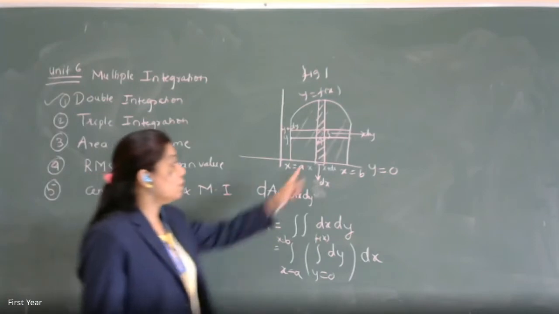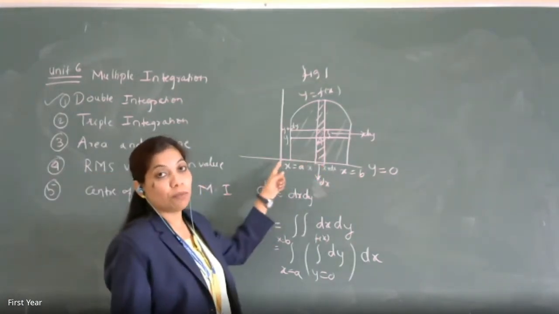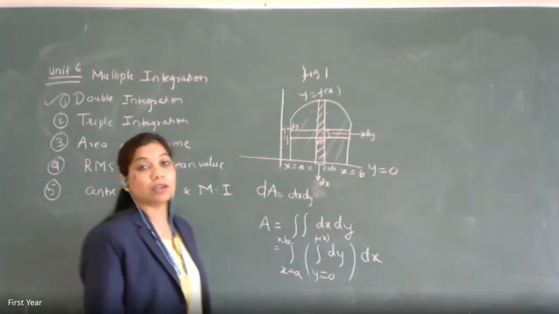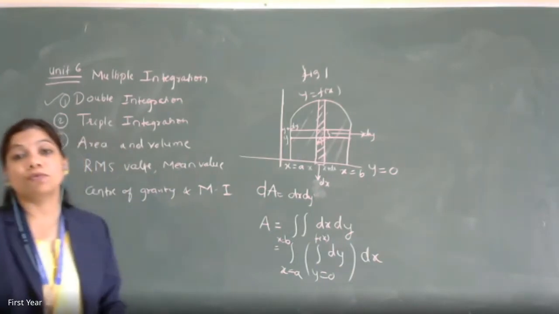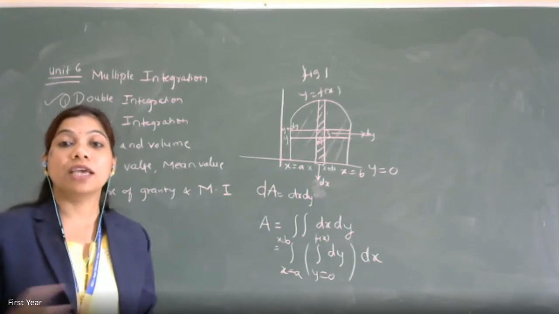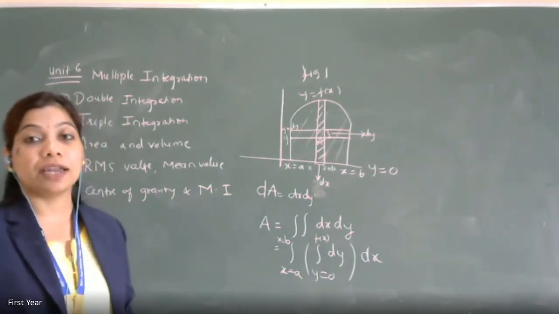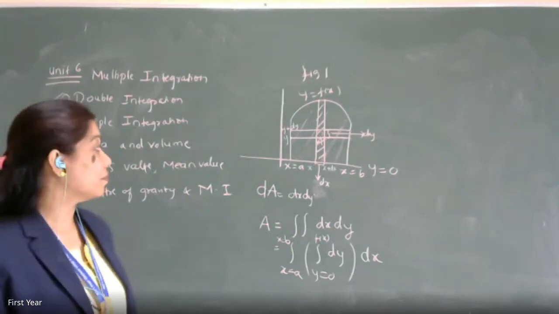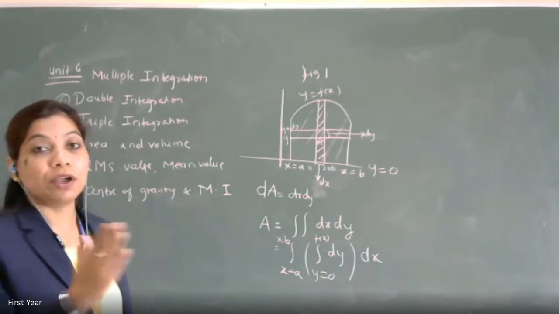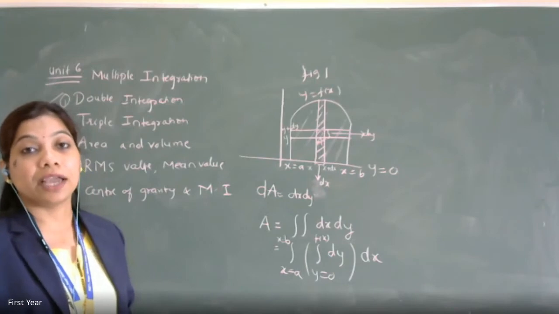And when we move this vertical strip from the point x is equal to a to x is equal to b, we get the entire area under the curve.